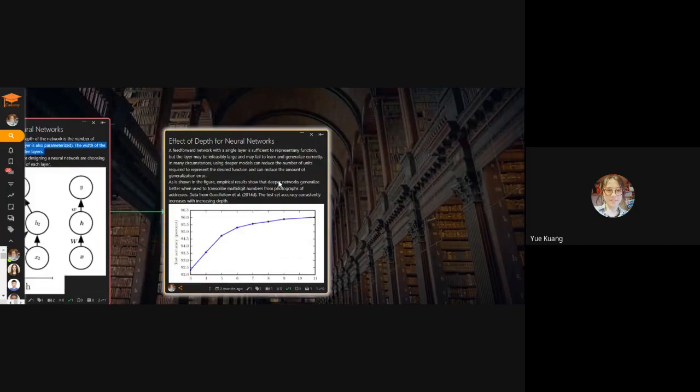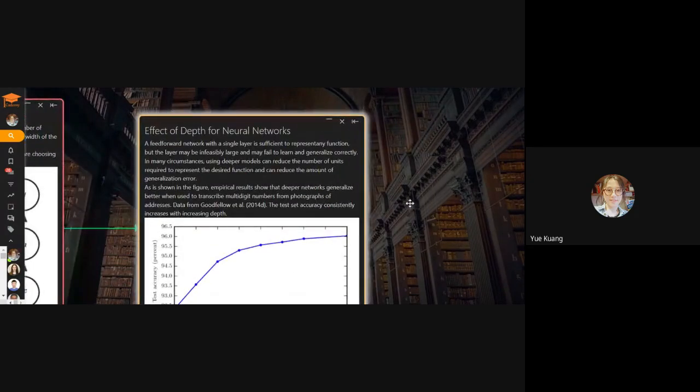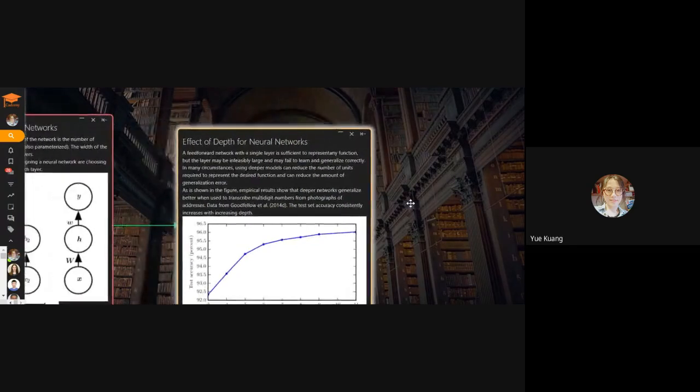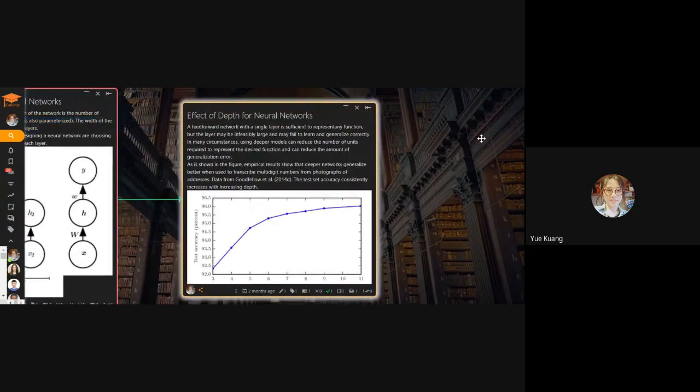So the effect of depth for neural networks. A feedforward network with a single layer is sufficient to represent any function, but the layer may be infeasibly large and may fail to learn and generalize correctly.